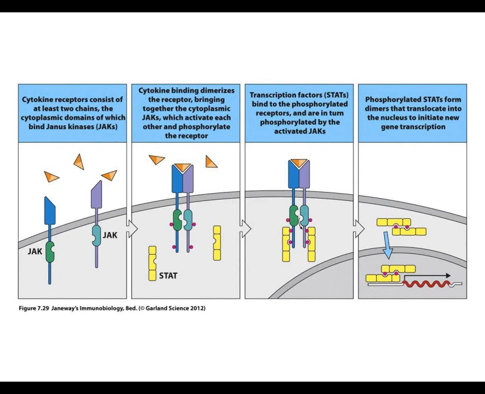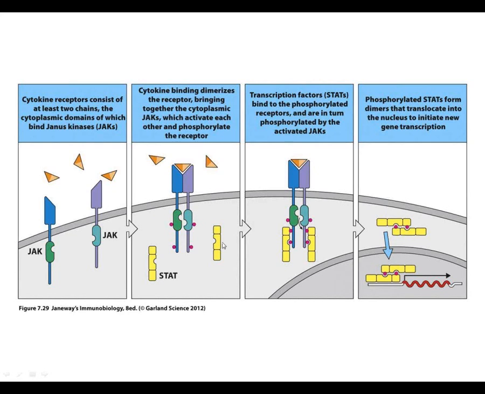Okay, so when many cytokine receptors get activated, their cytokine binds and it dimerizes this receptor. Then it utilizes something called JAK, which does have kinase activity. They activate each other, they phosphorylate each other, and then something called STAT docks onto it.